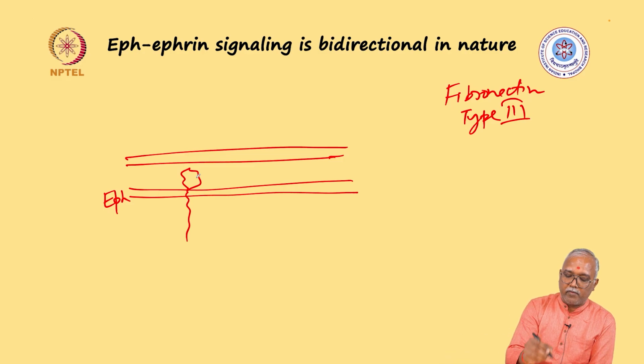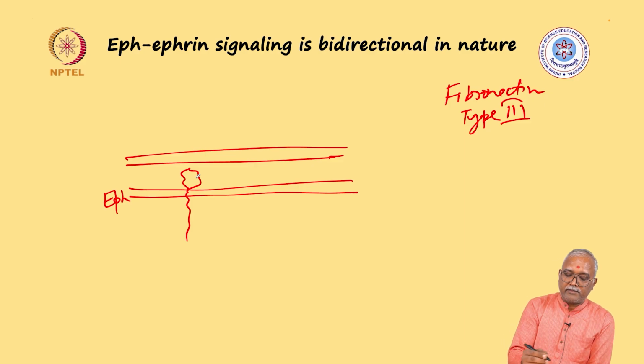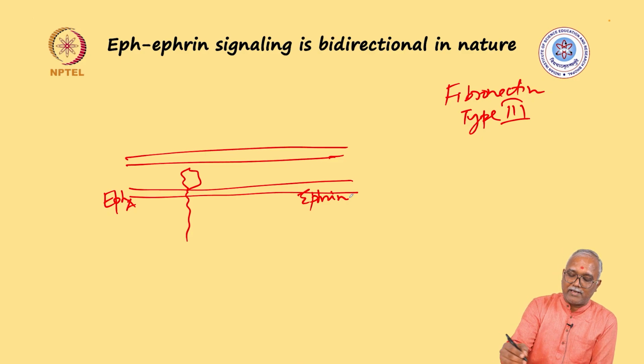So this kind of domain is present in the extracellular domain over here. Then you can imagine that if suppose I say EPHA, it does not mean that it does not express EPHB, it will also express EPHB. Or if it is EPHA, it will also express Ephrin of cognate type, and it engages in interaction in a lateral way as well as sideways.